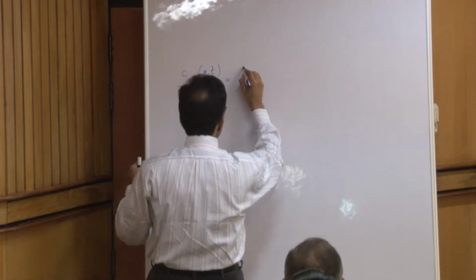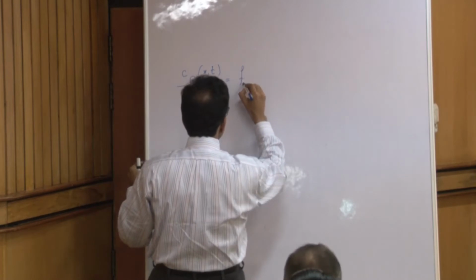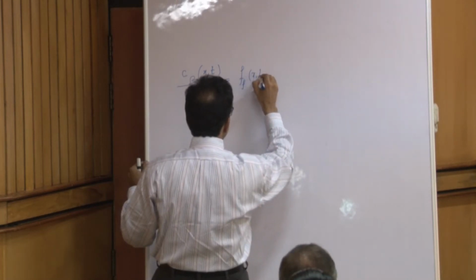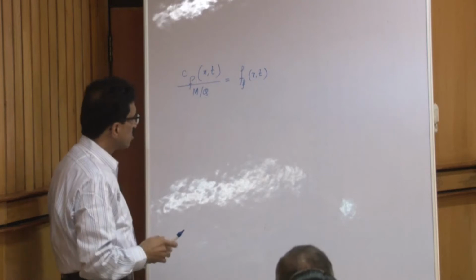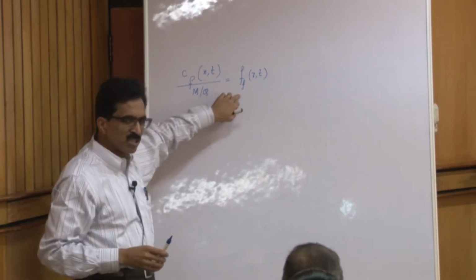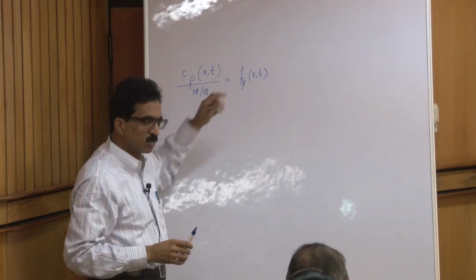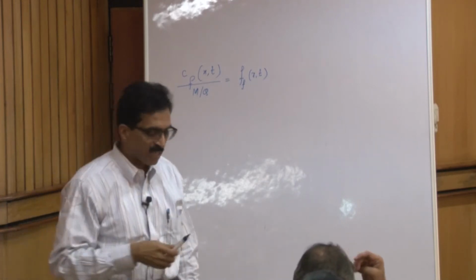So let me say I call this f sub f of x and t to indicate that this is based on flux concentrations. It's a probability distribution function. It talks about travel times.